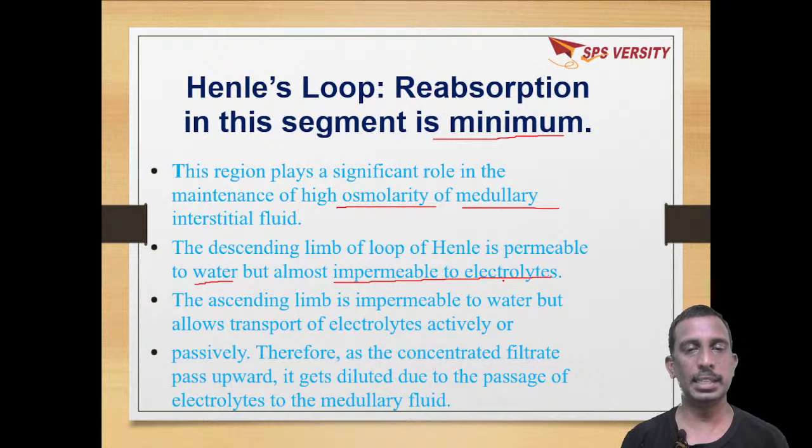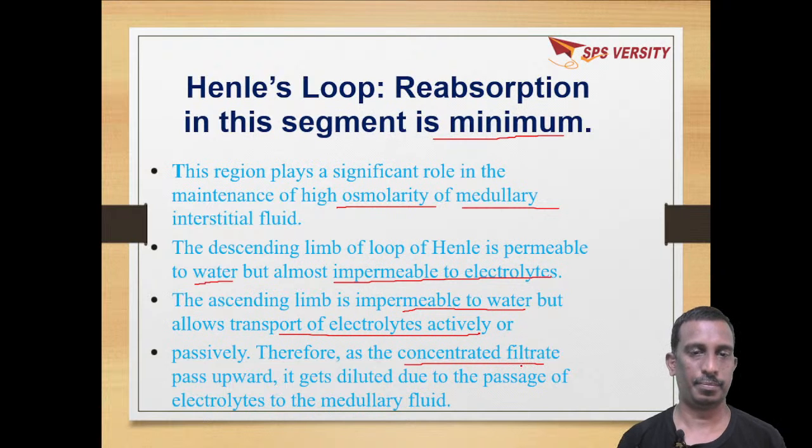Whereas when you come to the ascending limb, it is quite opposite. It is impermeable to water, but it allows transport of electrolytes actively or passively. So here, as it is impermeable to water, the filtrate becomes more concentrated, and it gets diluted due to passage of electrolytes to the medullary fluid.